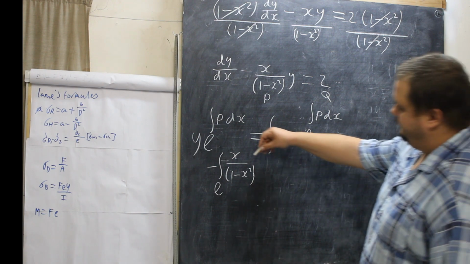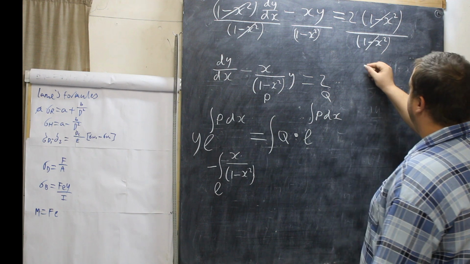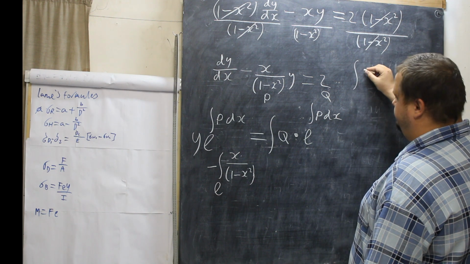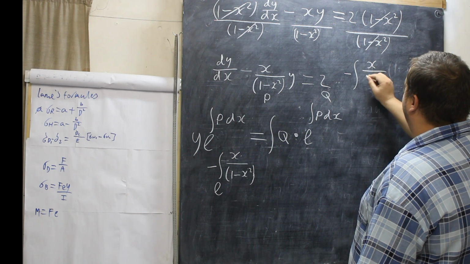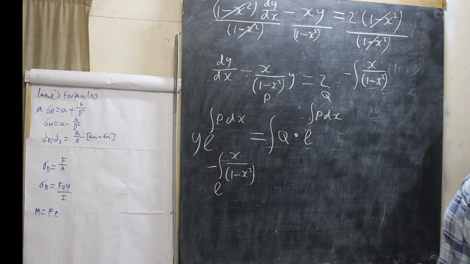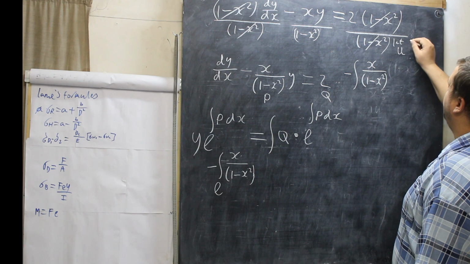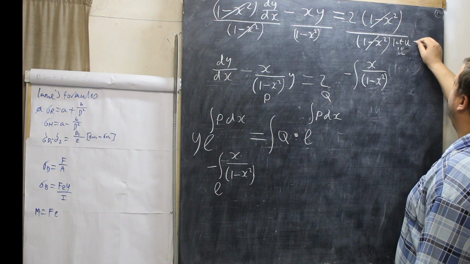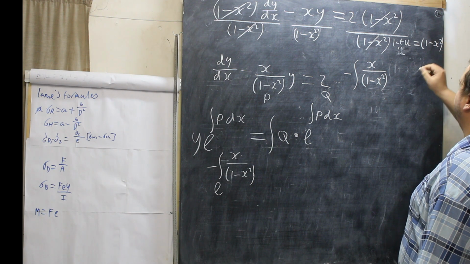Now we're going to work out the integral of this. The integral of minus x over 1 minus x squared, we will work out with u substitution. So let u equal 1 minus x squared.